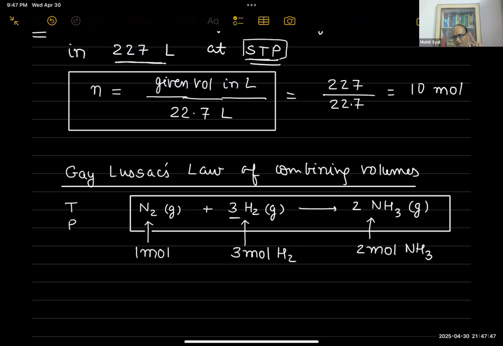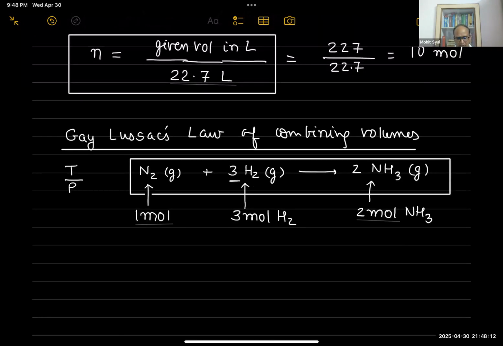Now we have seen, Aisha, that if you keep the temperature and pressure same, and you have kept the volume same, their moles will be same. And if you take volume 10 times, the moles will also become 10 times. That's what we have seen just now.